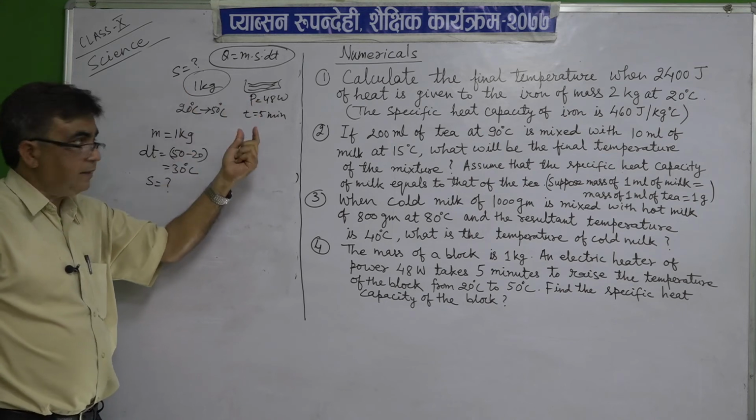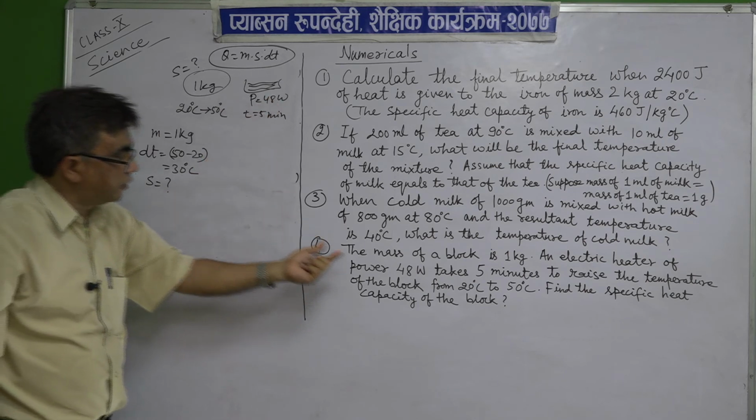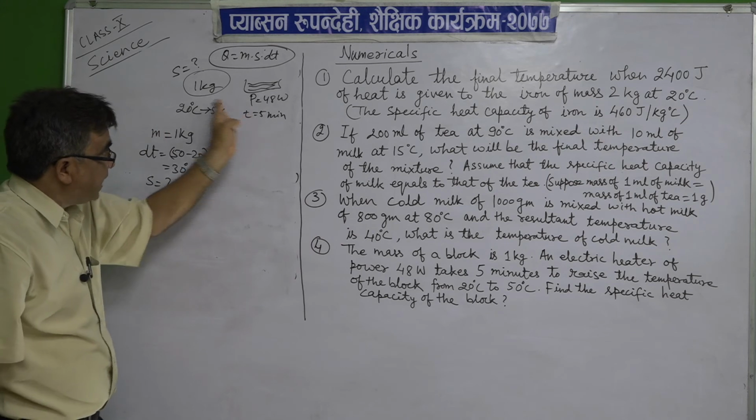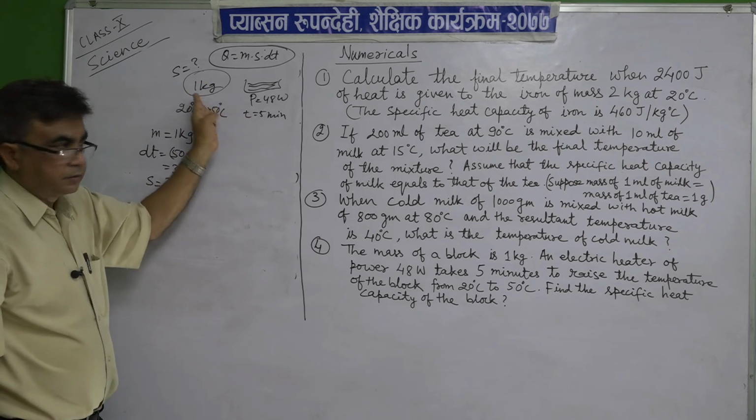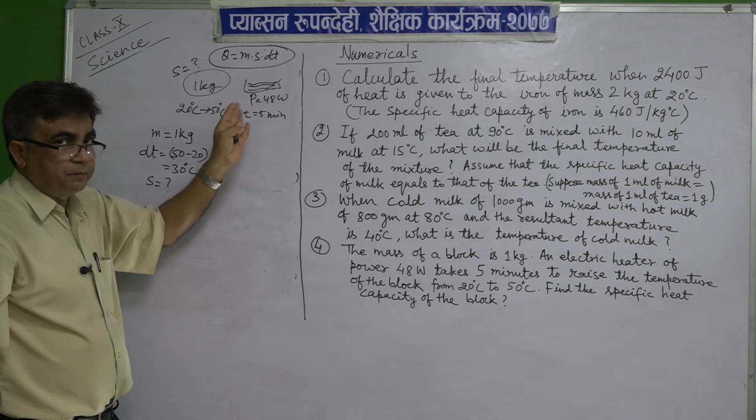This is a heater, its power is given 48 watt, and it is supplying heat to this block for 5 minutes. So, we have to calculate now how much heat it has supplied.